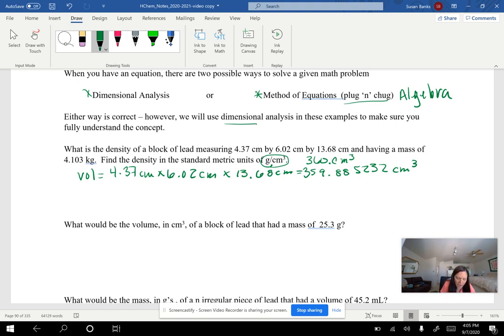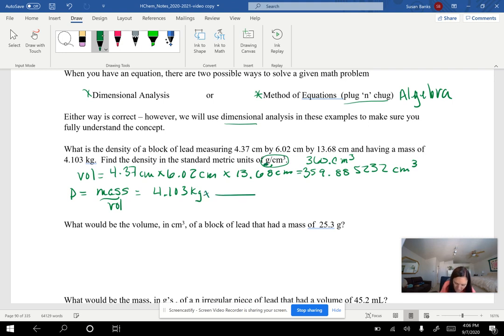Okay? So density is mass divided by volume, right? We just calculated the volume. So we're going to put the mass here, 4.013 kilograms, but I don't want it in kilograms. I want it in grams.